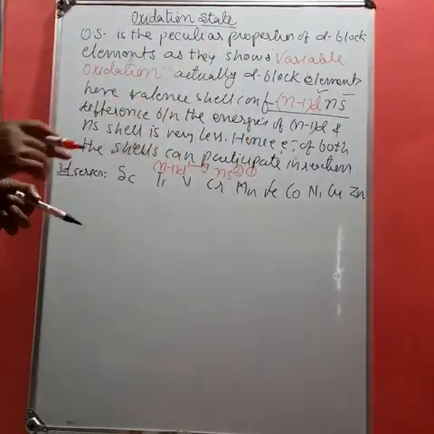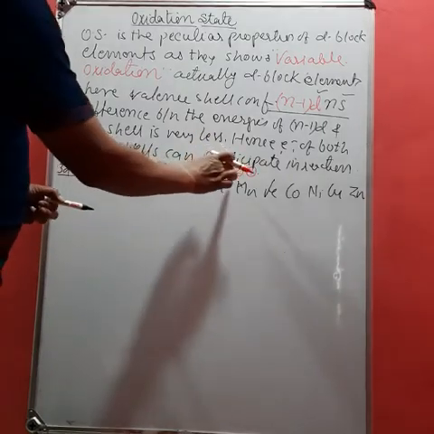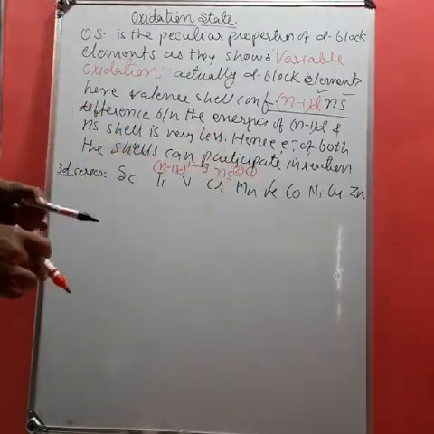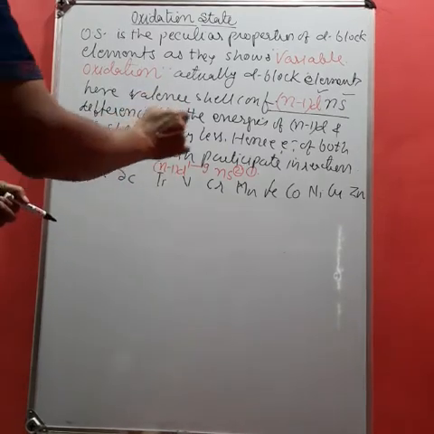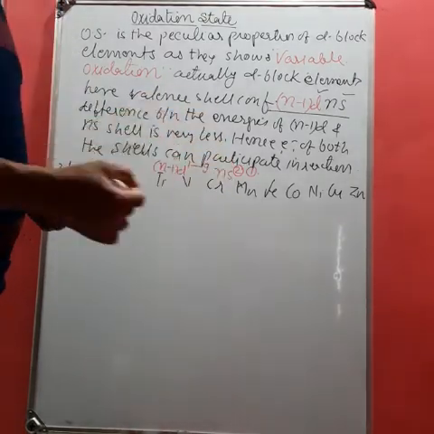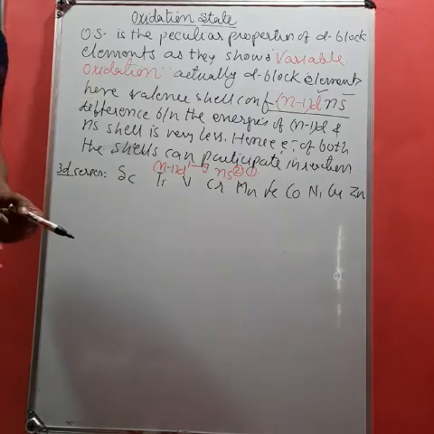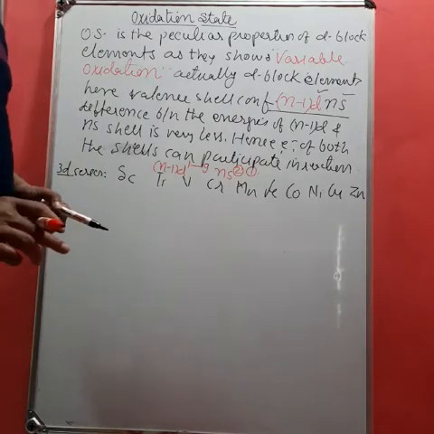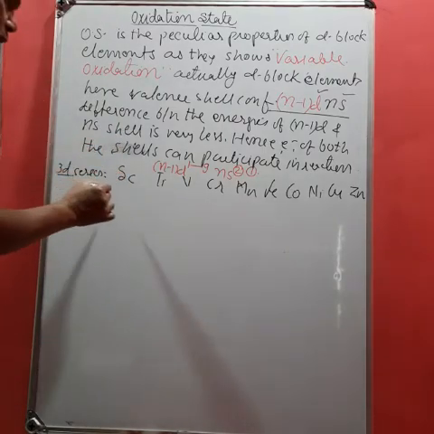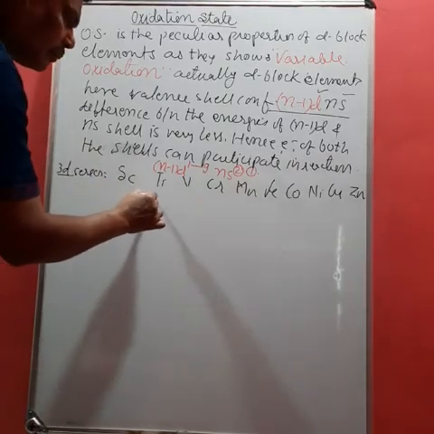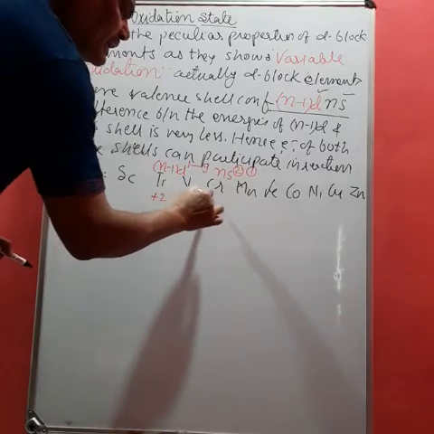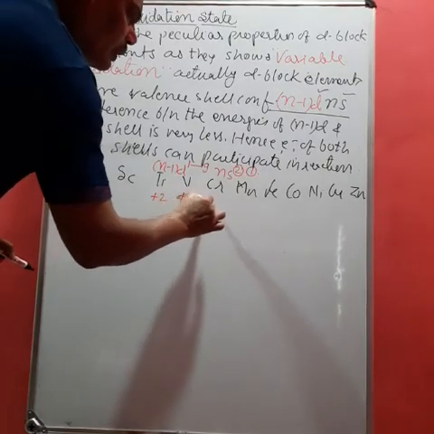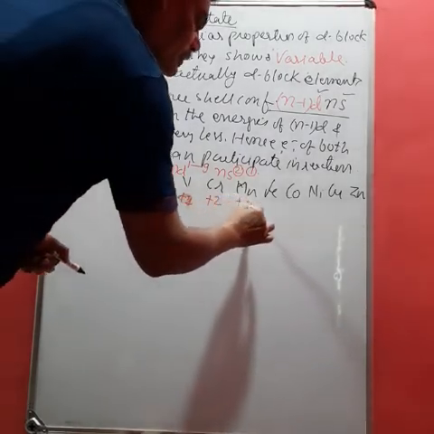So 2 electrons are present in their valence shell, and if they lose these 2 electrons in bonding, then they will show the common oxidation state +2. So each element of the 3d series shows the common oxidation state +2.